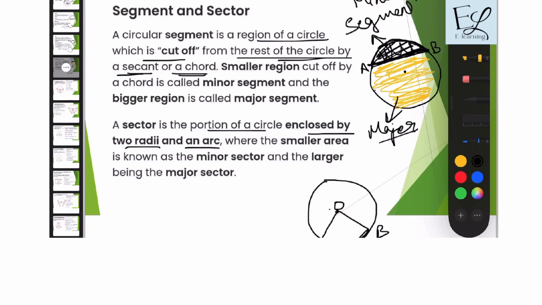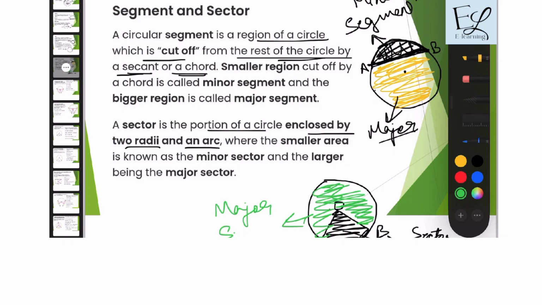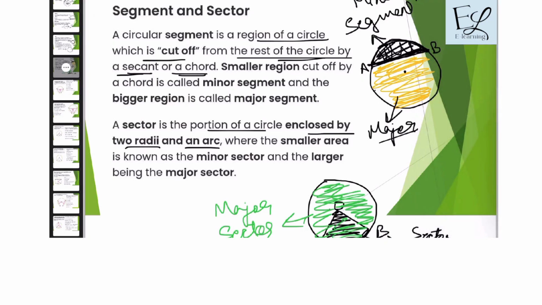From the center, this shaded part is your sector. Similarly, look at this. The green shaded part is called your major sector, and the black part is your minor sector.